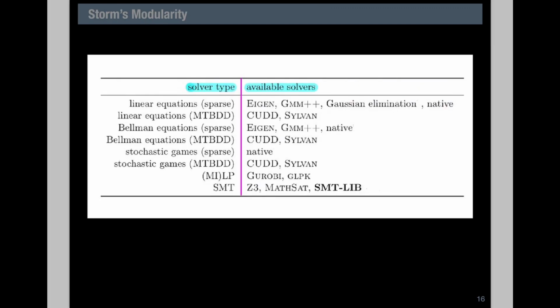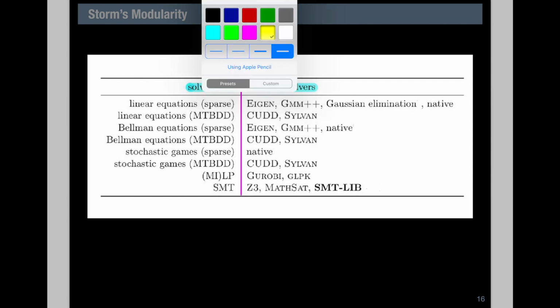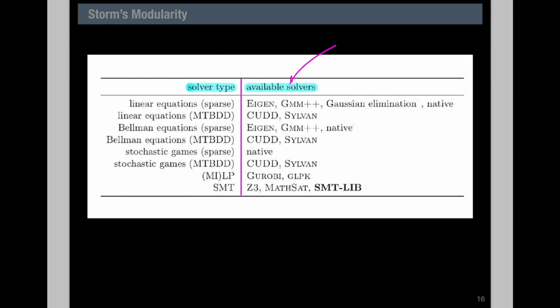Storm is modular. That means it actually supports various solvers. And here you see the various solvers to solve, for instance, linear equation systems, which are used to compute reachability probabilities. Linear equation systems are also used for Markov decision processes, where it supports, for instance, CUDD, which is a BDD package, but also Sylvan, which supports, for instance, multi-core BDD operations.